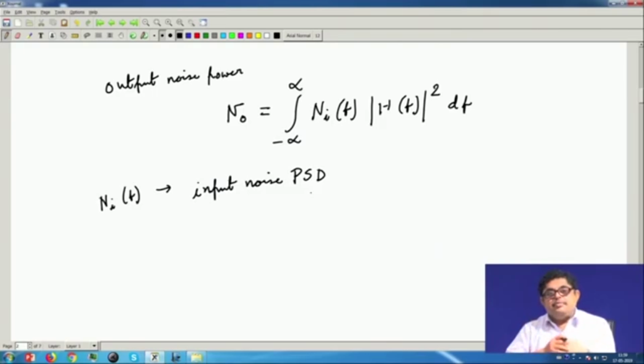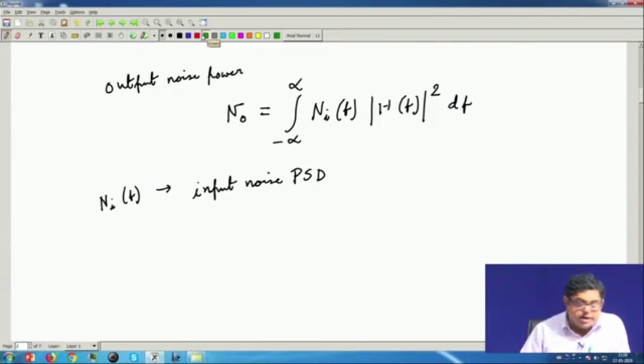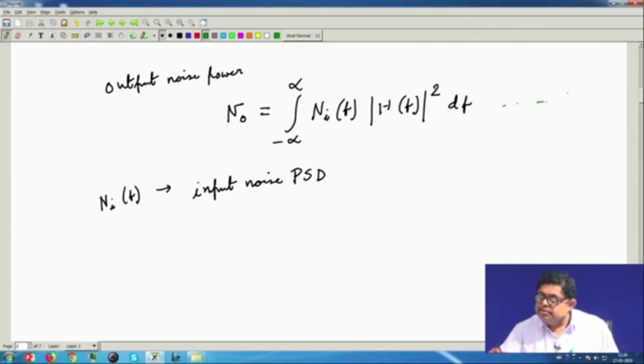Then we can find the Fourier transform of that, and that is the noise power spectral density. So, N_i(f), if it is there, then I can write this. The relation between the output noise power and the input noise power spectral density will be my equation 7.